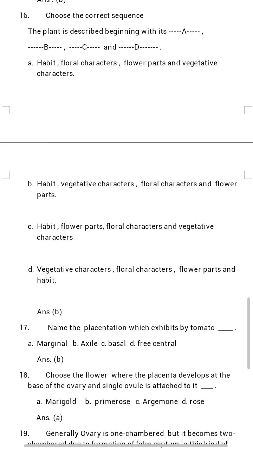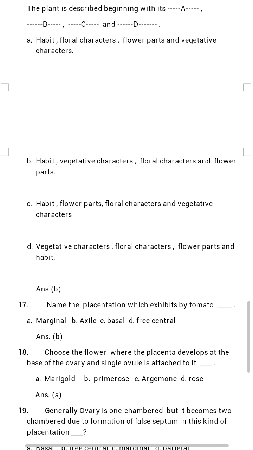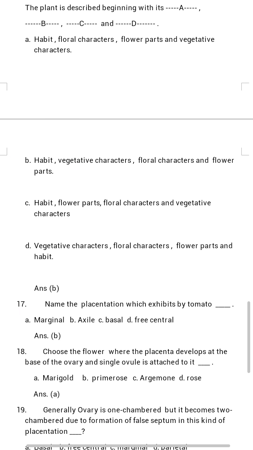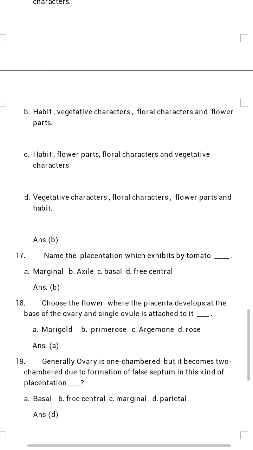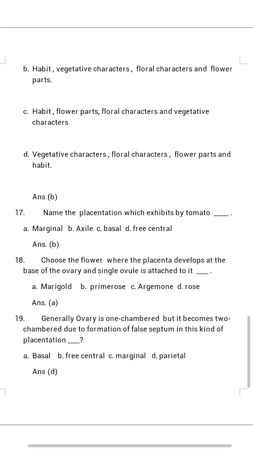So now let us see this question in detail. I repeat the question once again: the plant is described beginning with its A, B, C and D. What could be the A, B, C and D we need to identify in the given 4 options. According to the given options, first could be habit.